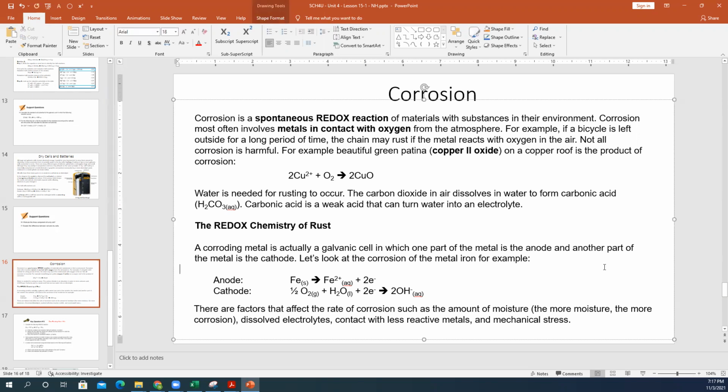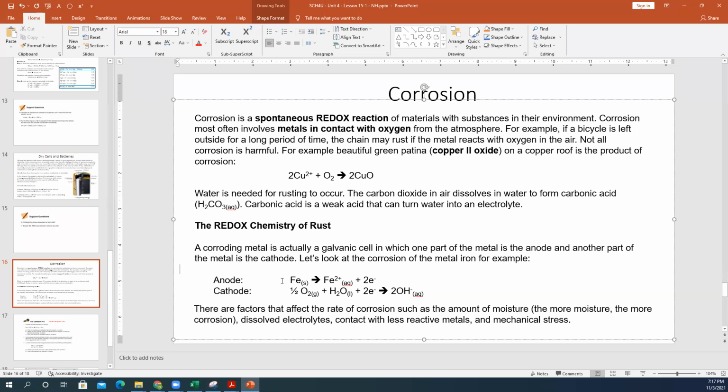So the redox chemistry of rust is that a corroding metal is very much like a galvanic cell, where one part of the metal is the anode, and another part of that same metal is the cathode. Let's look at the corrosion of iron as an example.